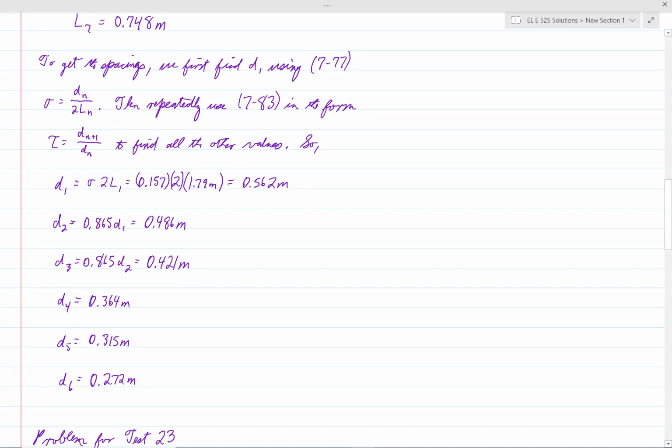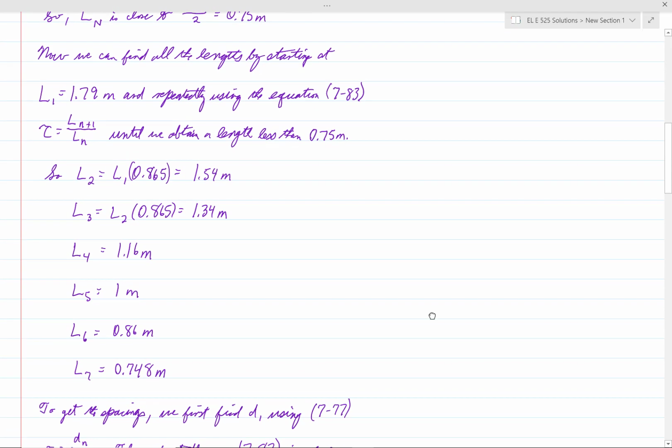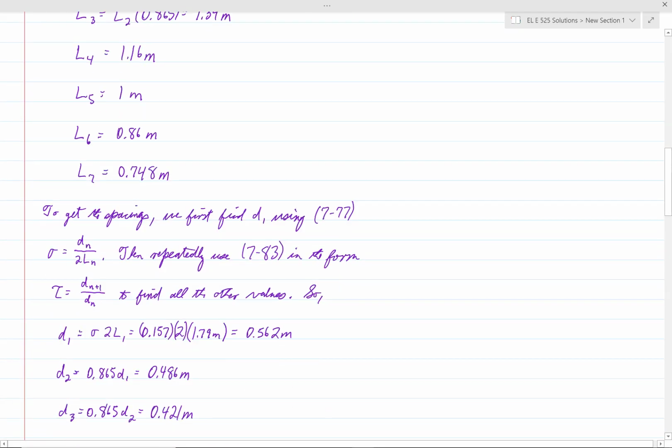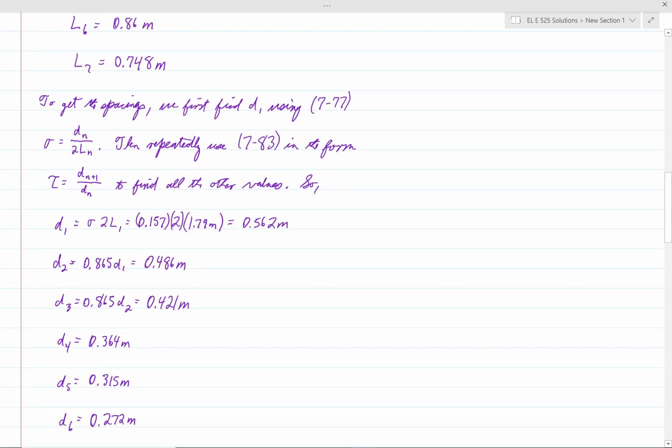And then for all of the subsequent values of D2, we use equation 7-83, but instead of the previous form in which we used 7-83, which was tau equals Ln plus 1 over Ln, now we will use 7-83 in the form tau equals dn plus 1 over dn. But it's a very similar procedure.